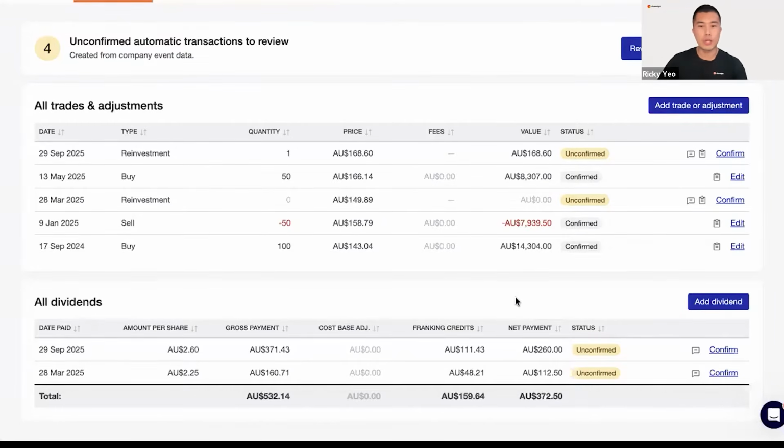But if you own individual shares like CBA or BHP, most of the time the franking credits and the net payment should match what you receive in your bank account or in your brokerage account, as long as you make sure all the buys and sells, DRPs, everything is accurate, and then make sure you confirm that.